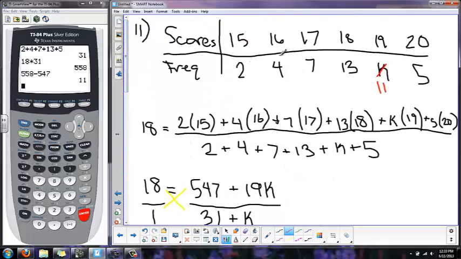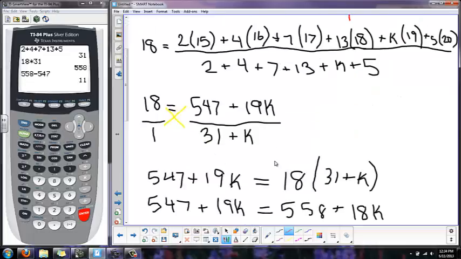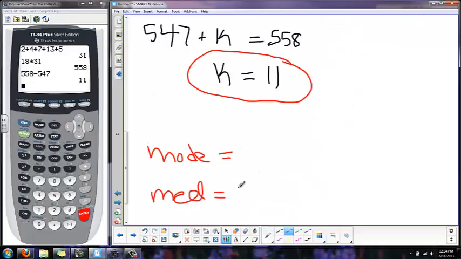The mode is when we have to take a look and see which score occurred the most frequently, and that's really easy to do using a frequency table, because you can see that 13 is the greatest number for frequency, meaning that the most frequent score that occurred was 18. So the most people scored a score of 18. So the mode all the way down here is 18.